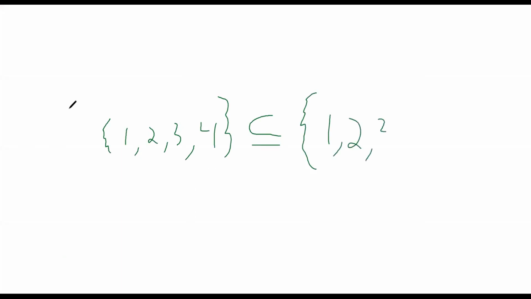So the set containing the first, let's just say, the first 4 natural numbers is a subset of the set containing the first 7 natural numbers.